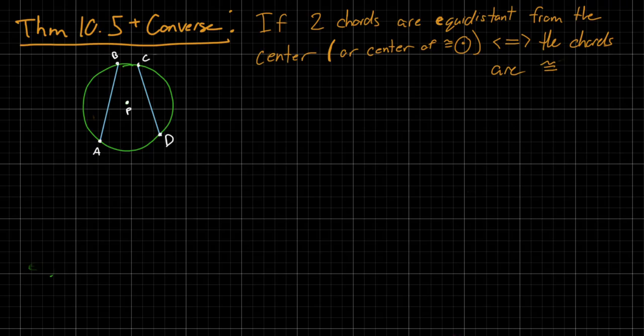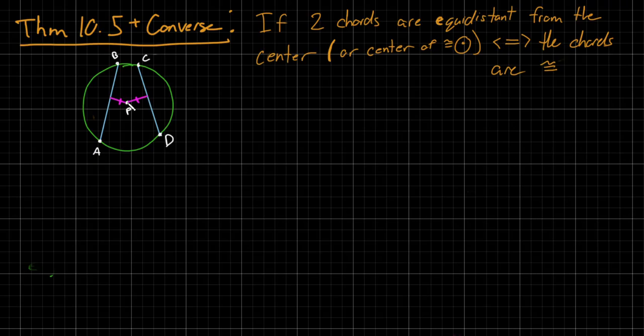Now, to denote that they're equal distance away from each other, we're going to draw these pink lines. These are not radii. They're just saying that they are equal distance apart. These 2 lines are going to be the same. And they are the shortest line to get to my chords.